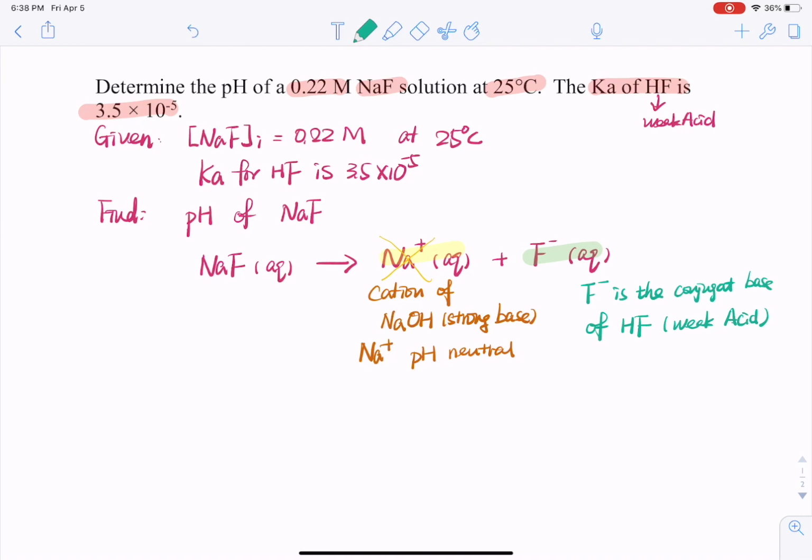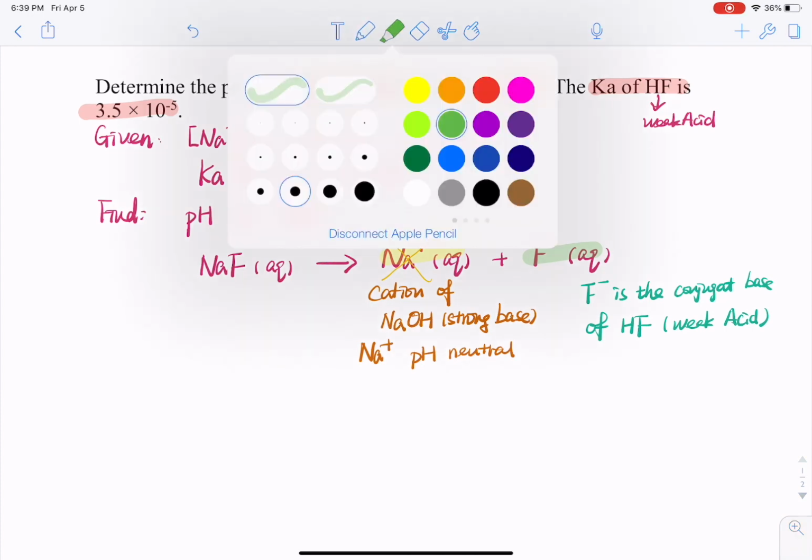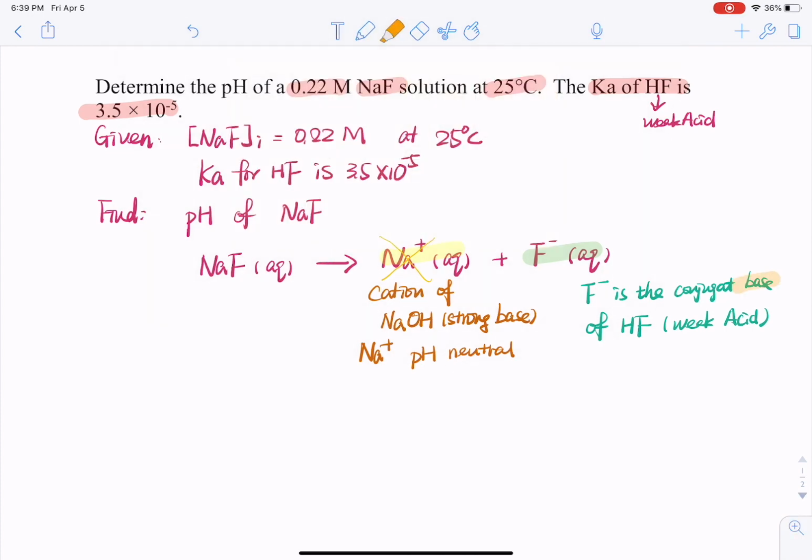If the acid is quite weak, its conjugate base is going to be relatively strong. Therefore this fluoride ion is going to affect our pH. Then how? Into an acidic solution or a basic solution? Again, it's a conjugate base.